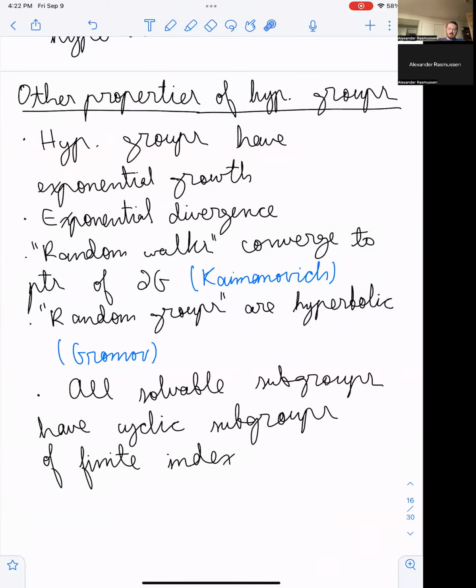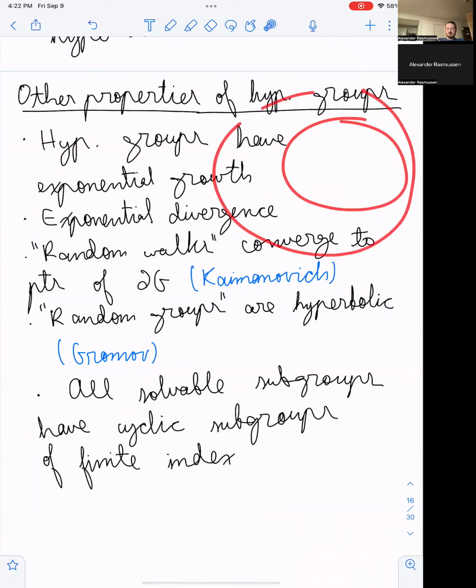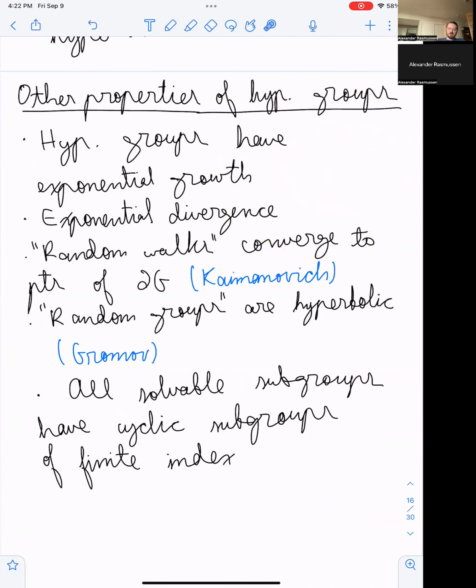So if you look at a ball of radius r in the Cayley graph, and you just look at the number of vertices or the number of group elements inside this ball, as the radius grows, the number of group elements will grow exponentially with the radius. Hyperbolic groups have exponential divergence, which means geodesics that start from the same point and move in different directions diverge exponentially quickly.